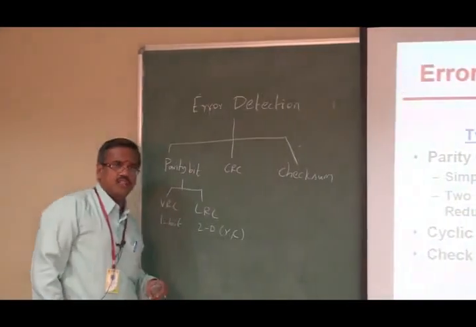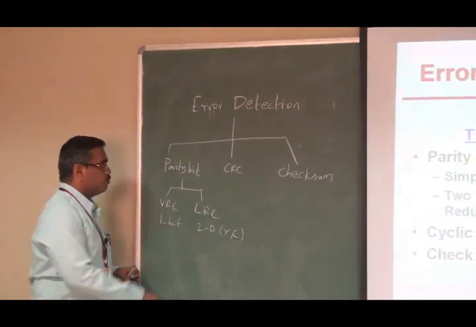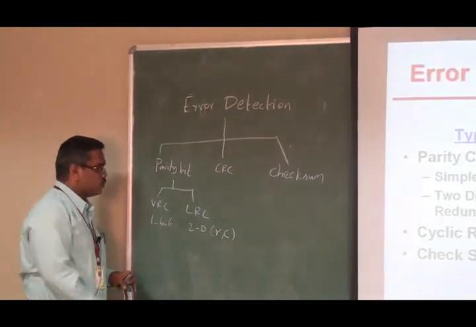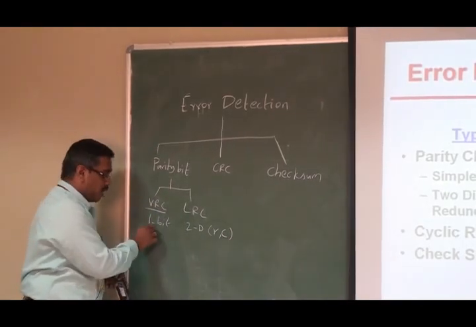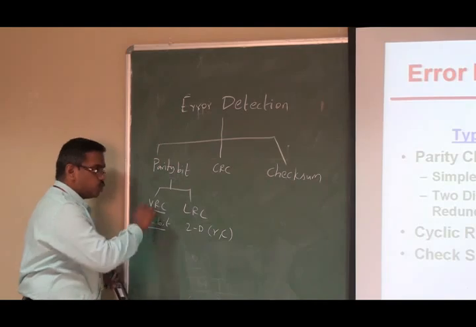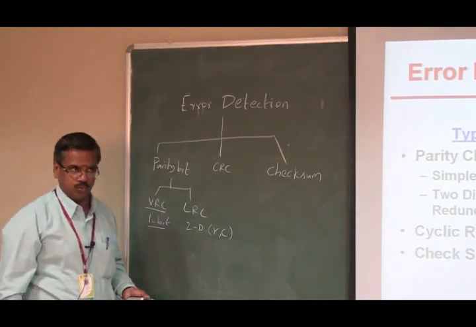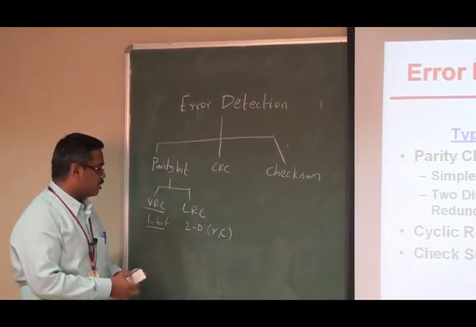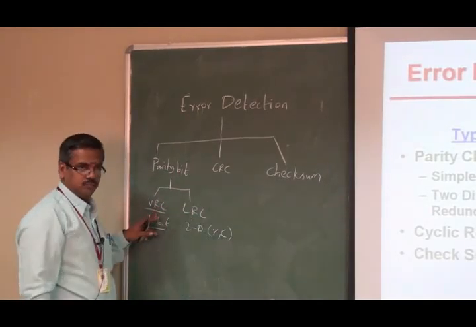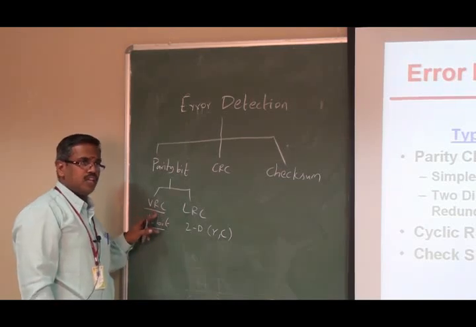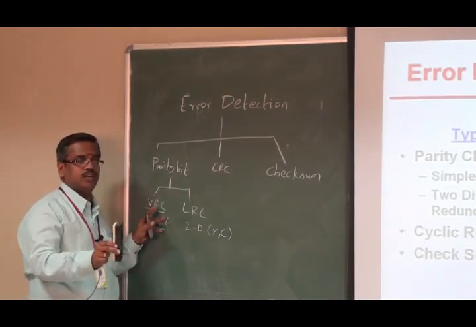You can ask another question here, sir: we are using the error detection technique with the parity bit, so does VRC support only 1 bit error, or can it be used for finding burst errors also? The efficiency of VRC, that is simple parity check, is mainly for single bit error.